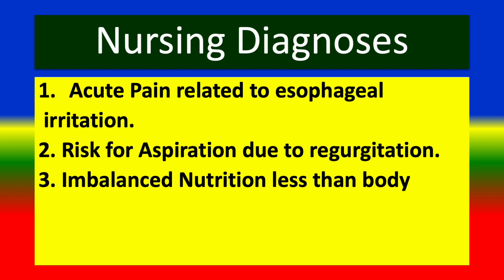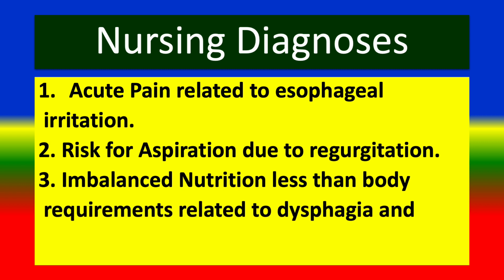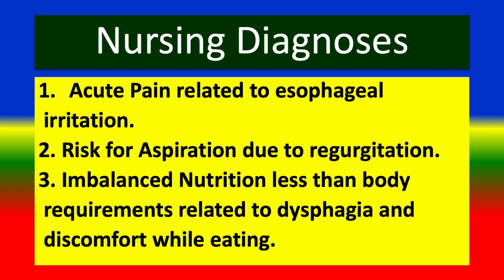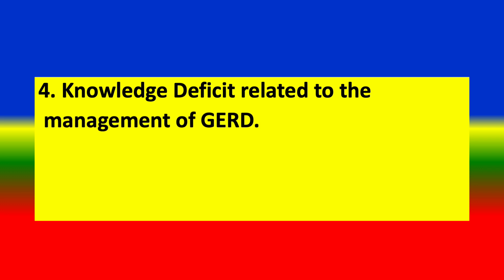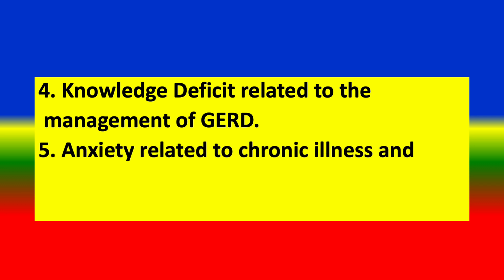Imbalanced nutrition less than body requirement related to dysphagia and discomfort while eating. 4. Knowledge deficit related to management of GERD. 5. Anxiety related to chronic illness and lifestyle changes.